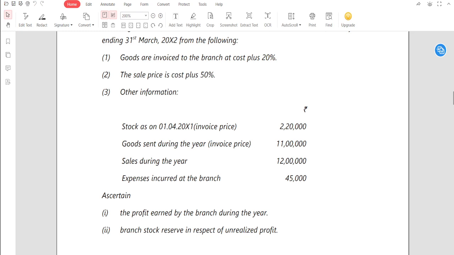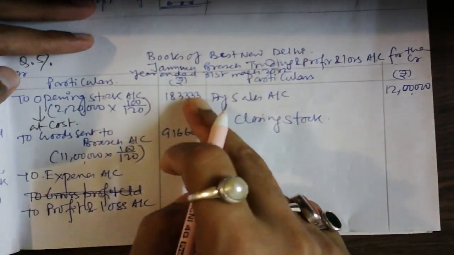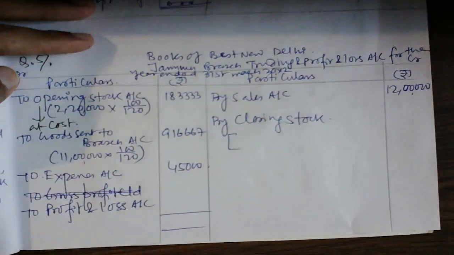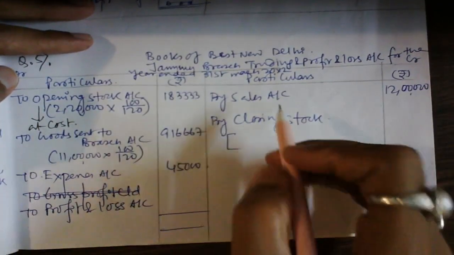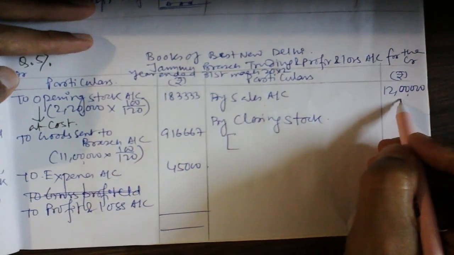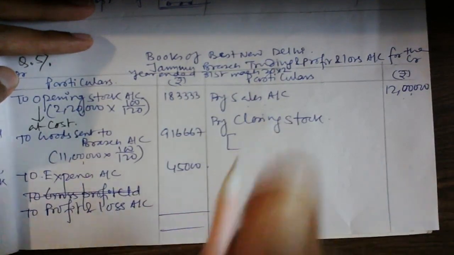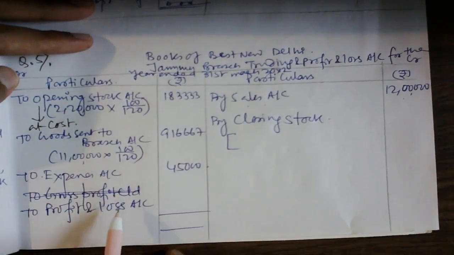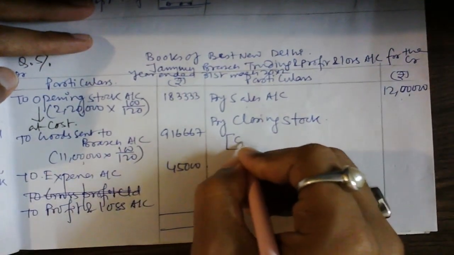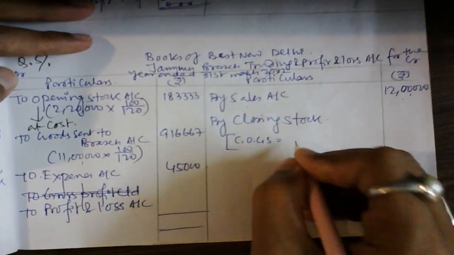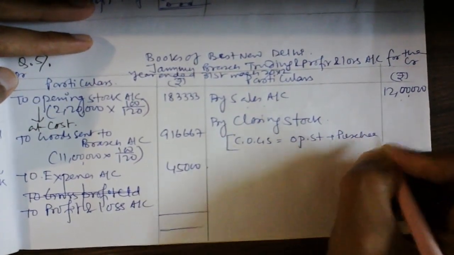So whatever the opening stock plus purchase I have, if I deduct the cost of the goods sold, meaning the goods I have already sold, I just need to calculate the cost, then I can easily get the closing stock, because I have the formula. COGS equals opening stock plus purchase minus closing stock.